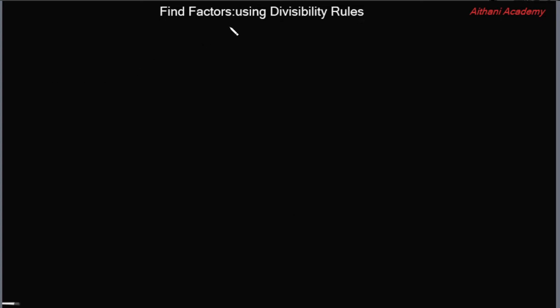Today we are going to find factors using divisibility rules. To understand why we need to know divisibility rules, let's take an example, 12. To find the factors of 12, I saw in the last tutorial that I have to divide 12 by 2 to see if 2 is a factor of 12 or not.